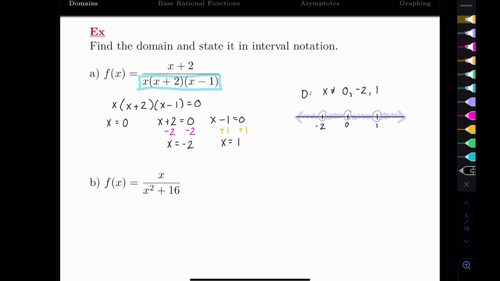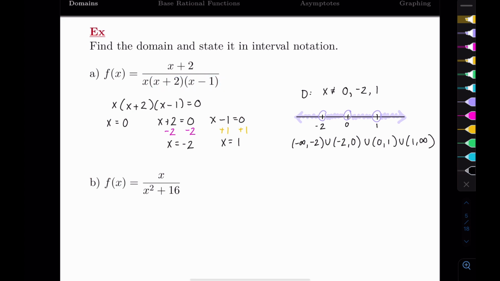So this domain in interval notation, this first interval is -∞ to -2, can't equal -2. This next interval is -2 to 0, then 0 to 1, and then finally 1 to infinity. So this is our domain with all of those problems.